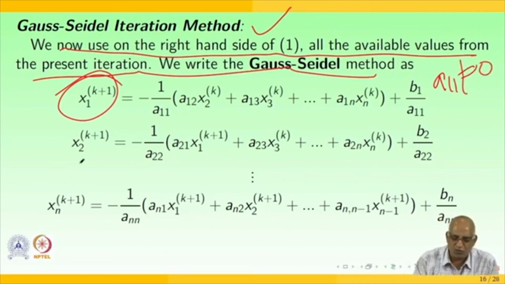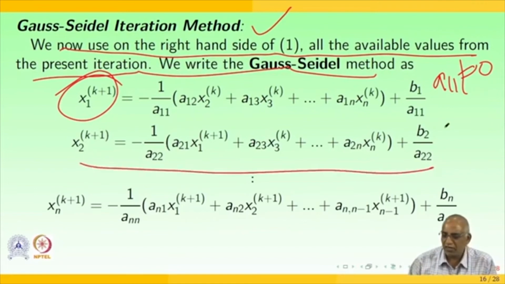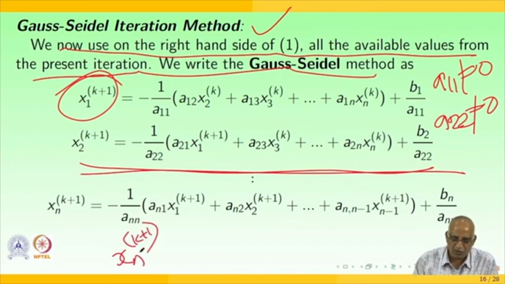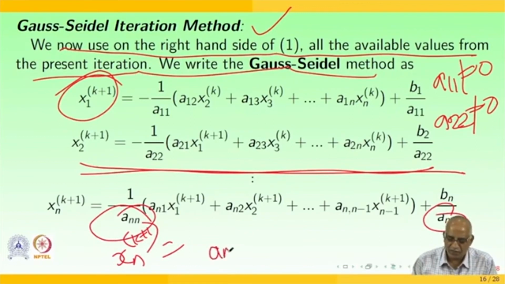Similarly, x2 of k plus 1 would be like this, where this a22 would be free from 0. So, like that, if you continue, xn of k plus 1 turns out to be this thing, where ann is free from 0.